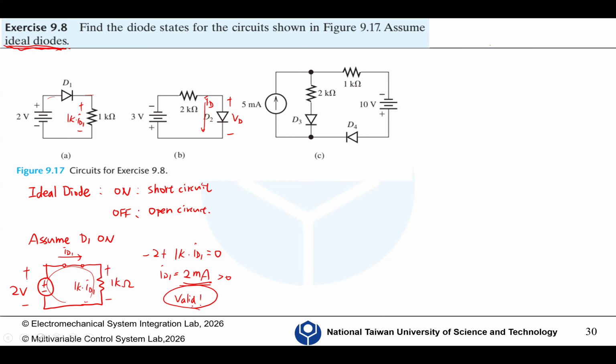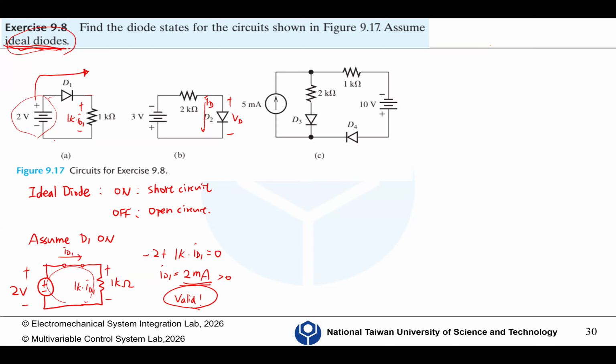So this is the right procedure to solve, although you don't need to do that because it has just one diode. This is way too simple. If it's an ideal diode, then we know it's under forward bias, because the current will always flow in this direction.